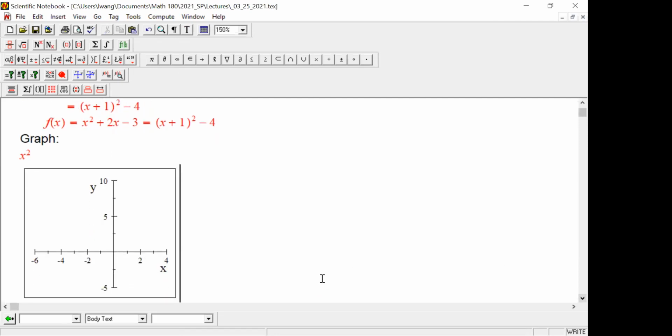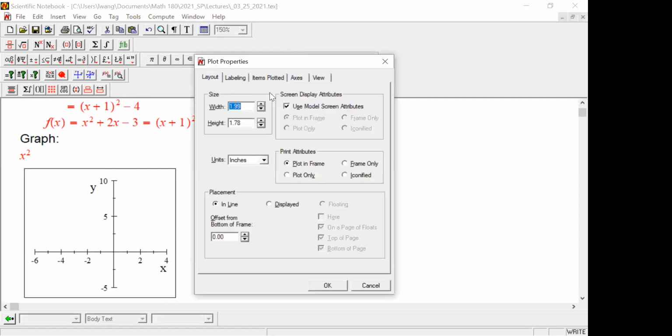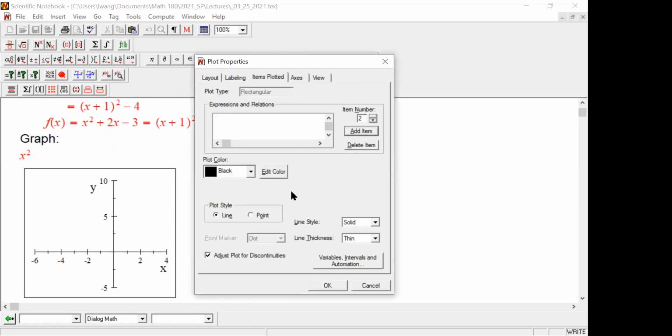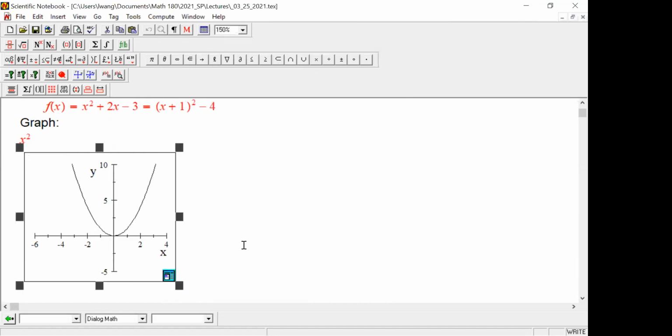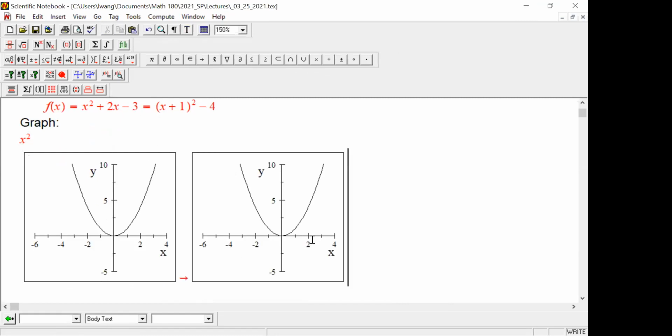So first, we will graph x squared. We know how to graph x squared, don't we? And then we will shift it. Shift it where? Up or down, left or right?